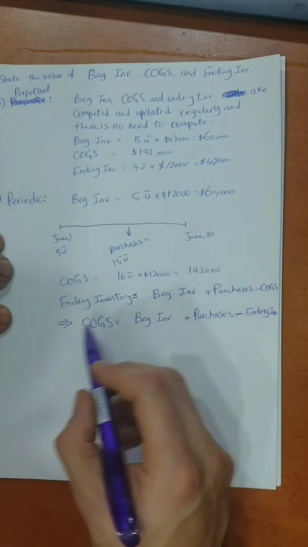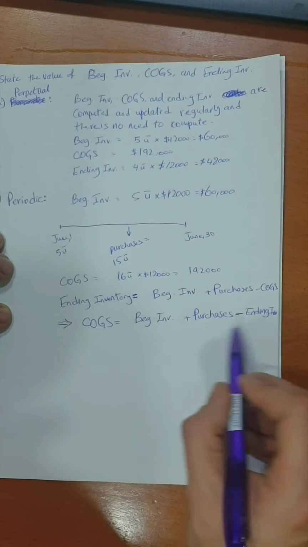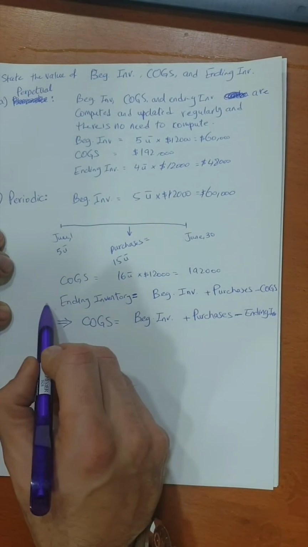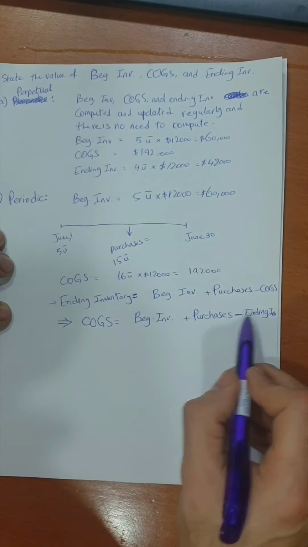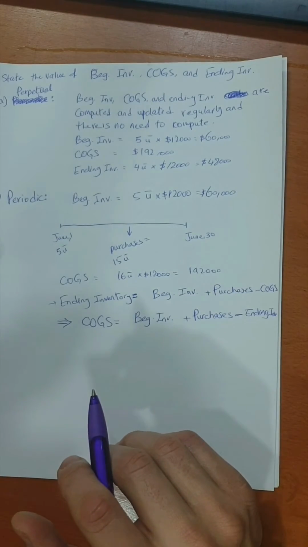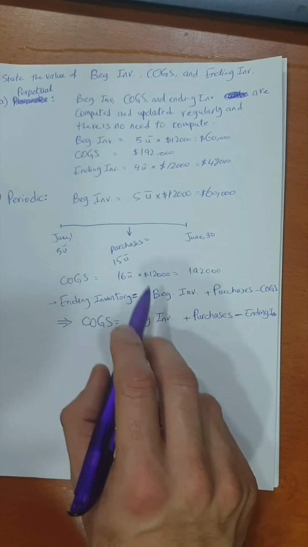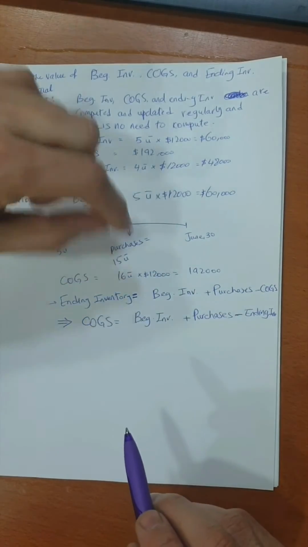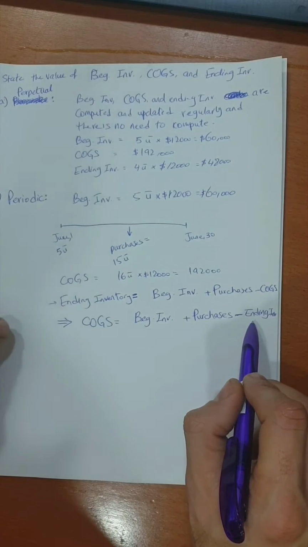So you will either have cost of goods sold and be asked to compute ending inventory, so you will use this or simply rearrange it, or you will have ending inventory and be asked to compute cost of goods sold, depending on the question. Okay, so this is all I wanted to tell you about from this question, to state the beginning inventory, cost of goods sold, and ending inventory.